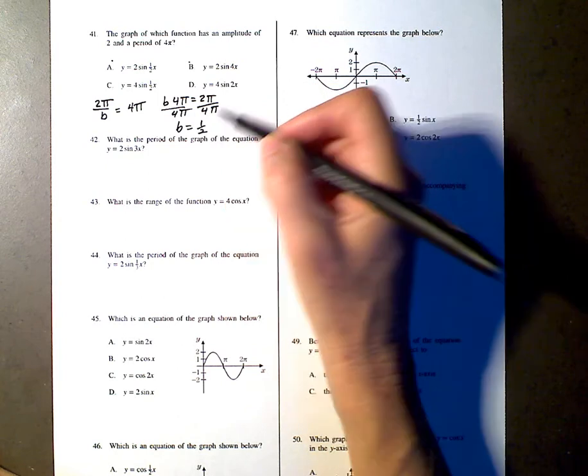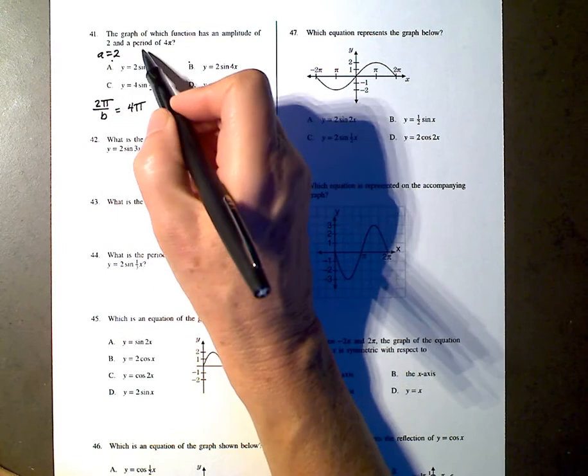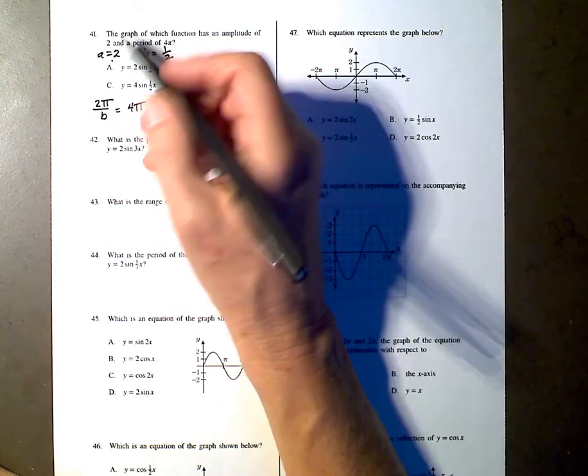So if the amplitude is 2, then a is 2, and b is 1/2. So that would be choice A.